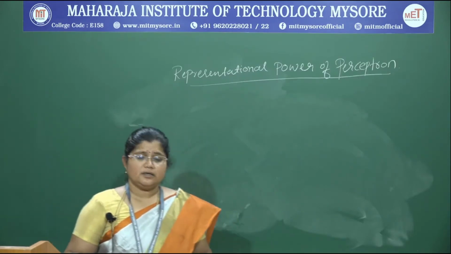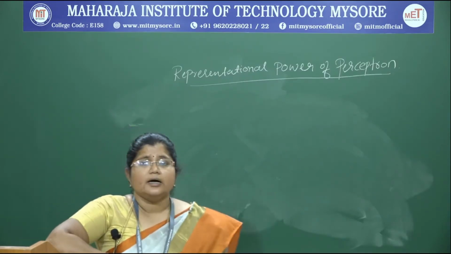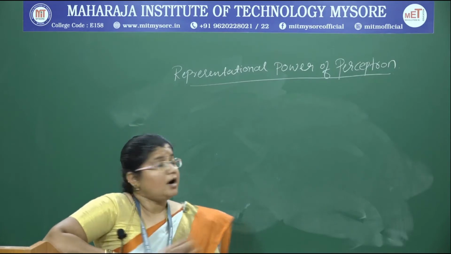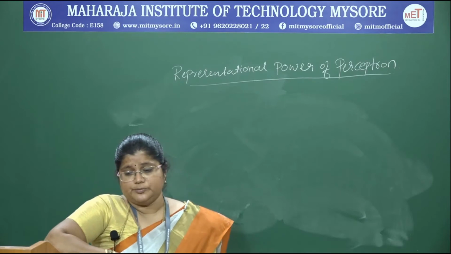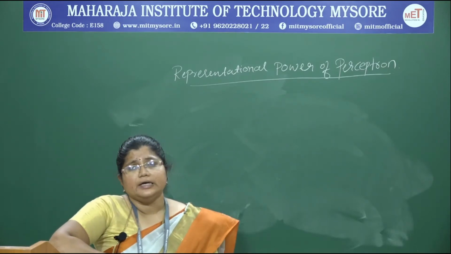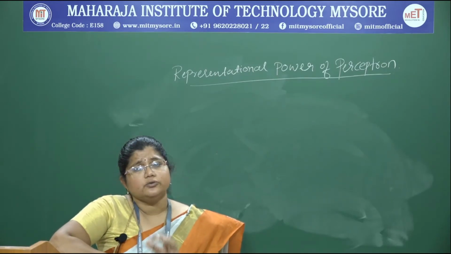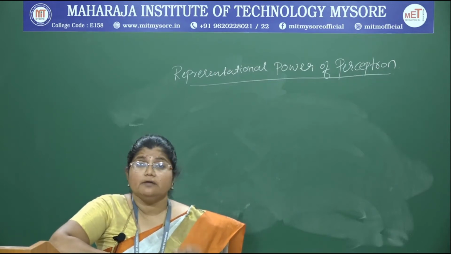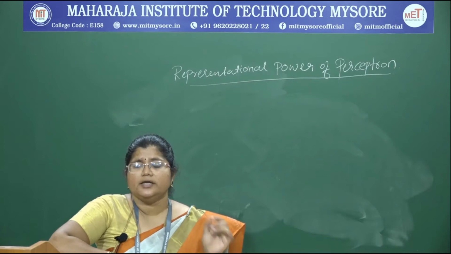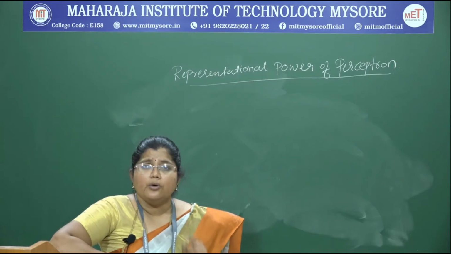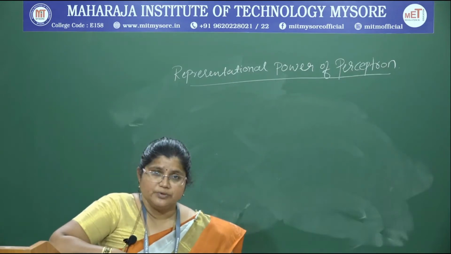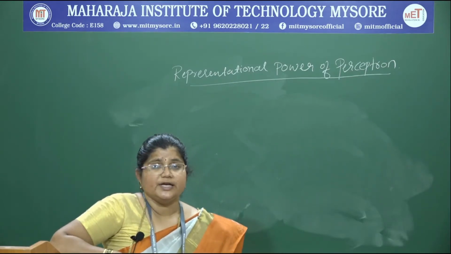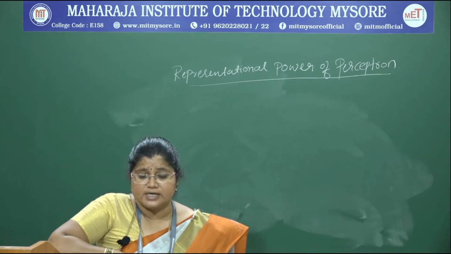Now let us consider the representational power of a perceptron. We need to highlight how perceptrons are used to represent a target value for given instances or a given training example, whether it is a positive training example or a negative training example.